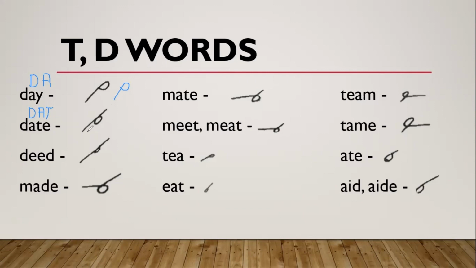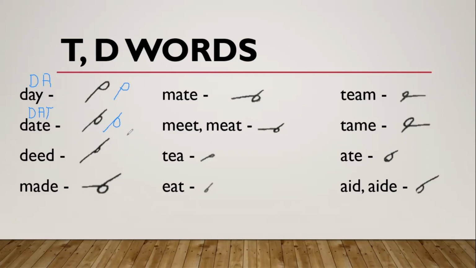So, the stroke of this one is the long slanting line, and A is large circle, and T is yung short na slanting line, which is this one. So we will write it as date.